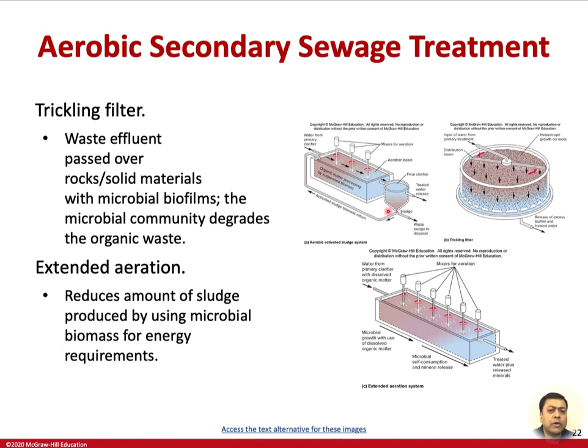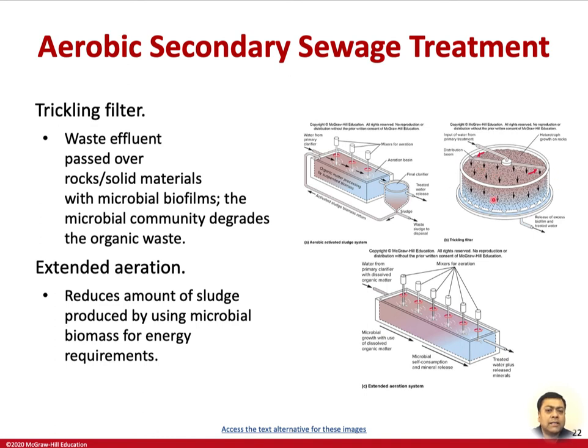Right here, we are looking at activated sludge, where microbial biomass recycling is maintained in a suspended state to maximize the oxygen, nutrient, and waste transfer process. So this is the effluent that goes out. And then from here, it can go into a trickling filter.